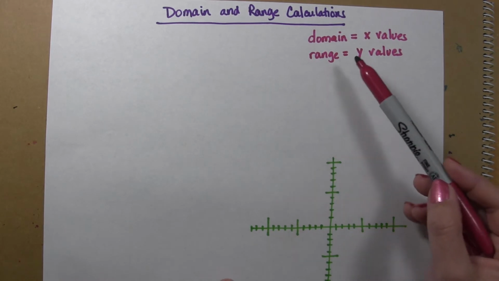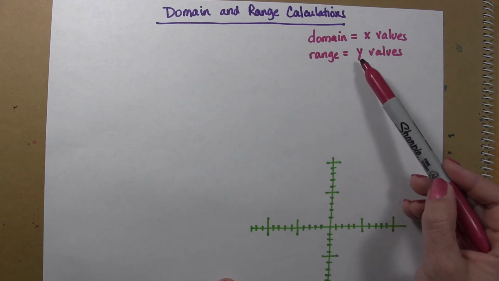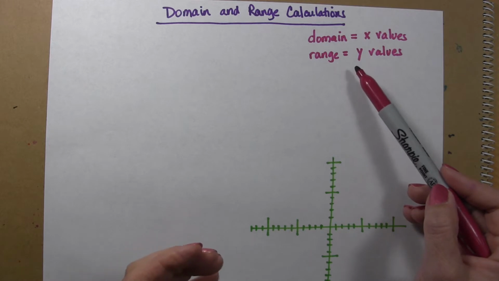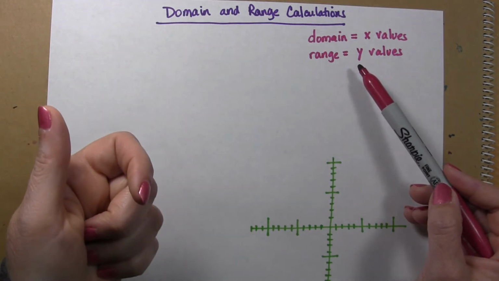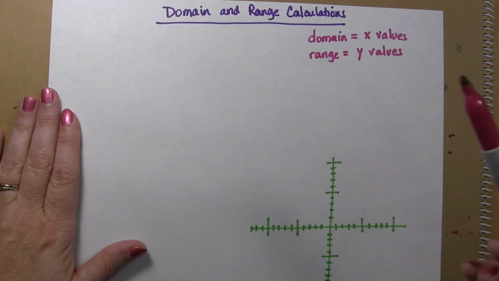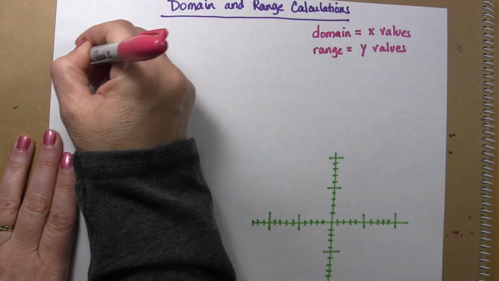And what we're talking about here is that sometimes, depending on what your formula is, your domain or your range are limited. You're not allowed to have certain numbers for your x, or you're not allowed to have certain numbers for your y. Let me show you what I'm talking about. Let's take a nice simple equation.